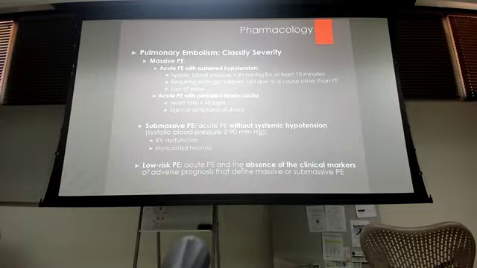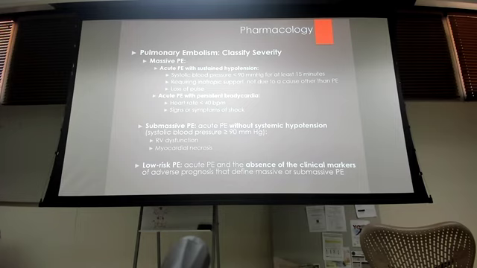Okay, we're switching gears completely. So just for a couple of minutes, we're going to talk about the classifications of pulmonary embolisms. There's massive, which you're going to have sustained hypotension, pulselessness, or profound bradycardia. Submassive, you have normal blood pressure, so you're normotensive, but you have some evidence of right ventricular dysfunction or myocardial necrosis.